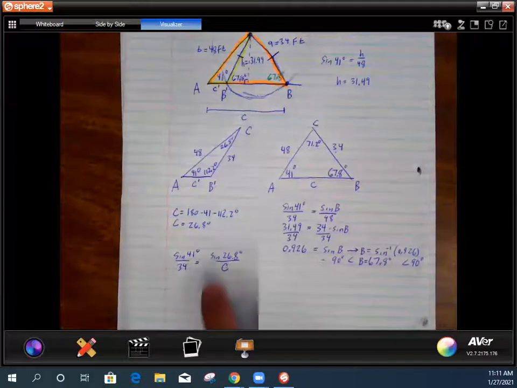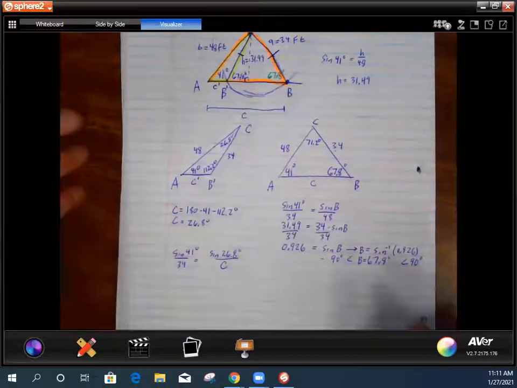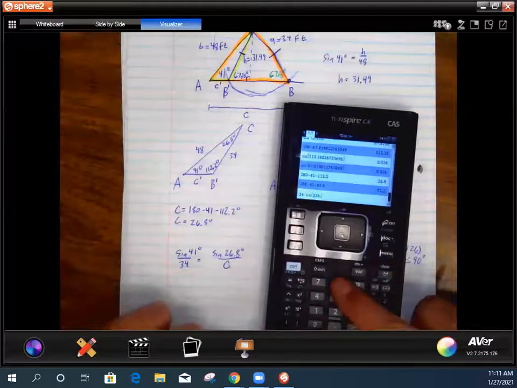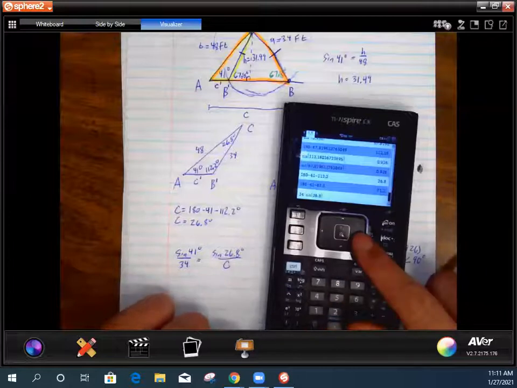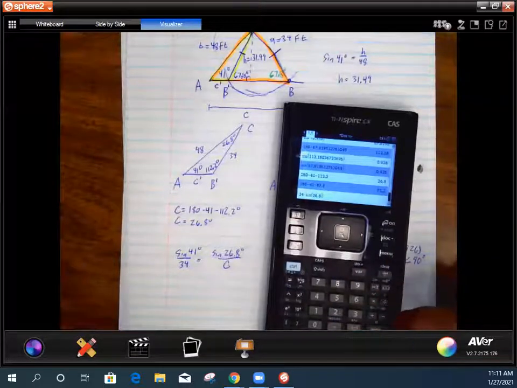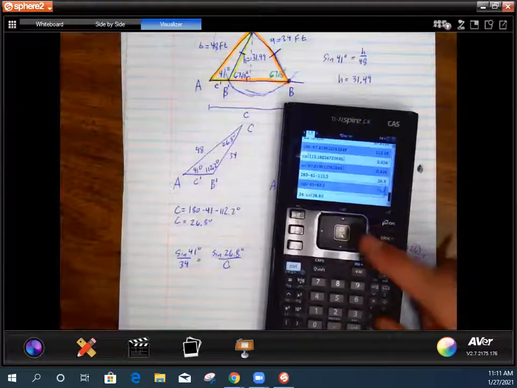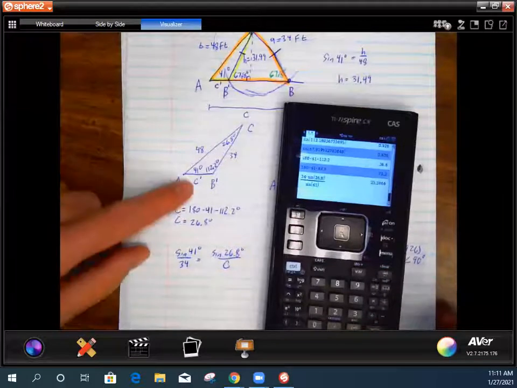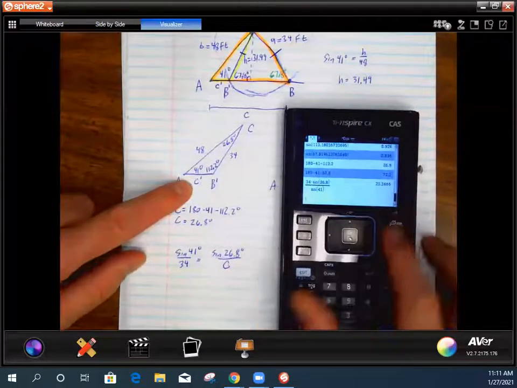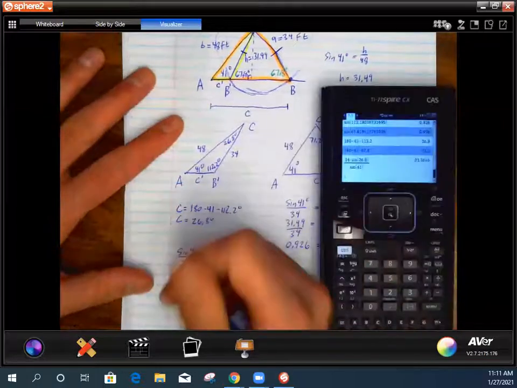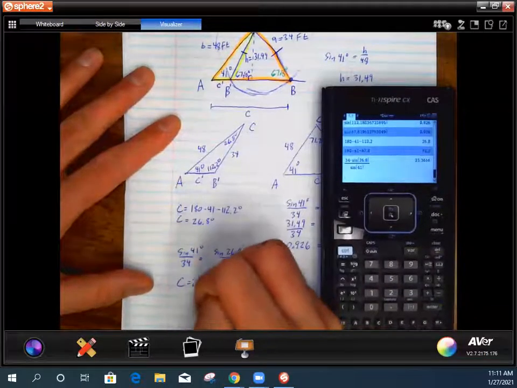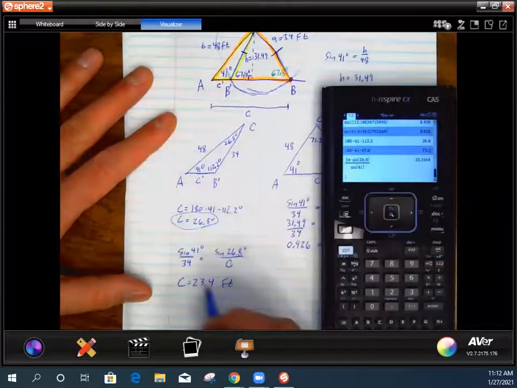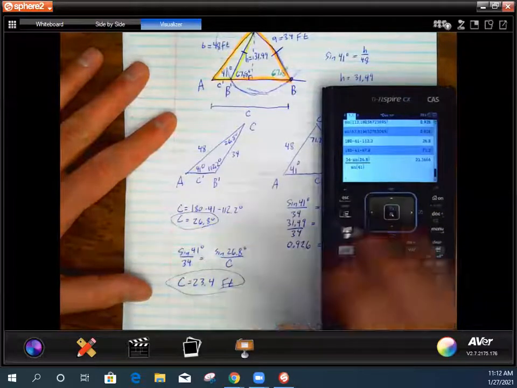Then we could cross multiply, so do 34 times the sine of 26.8, and that would equal the sine of 41 times C prime. So we could divide that by the sine of 41, and we get that side C prime would be 23.36 feet. So C would be 23.4 feet. So we got this angle C in this smaller triangle that's obtuse, and we got side C.